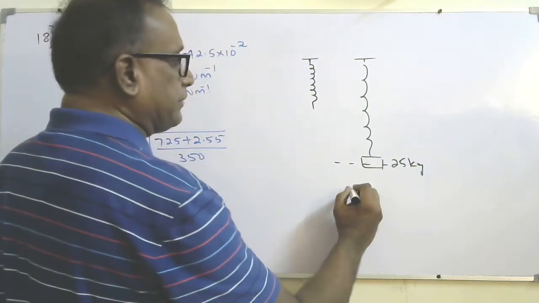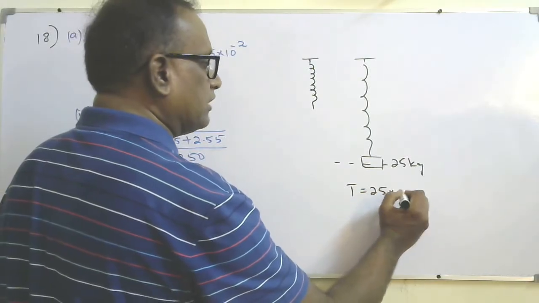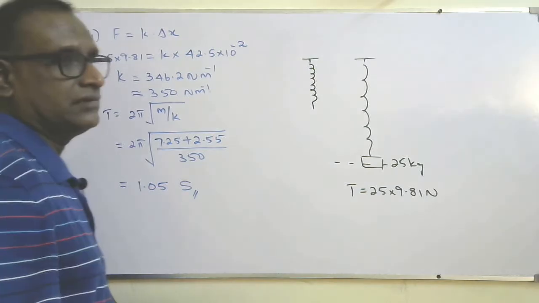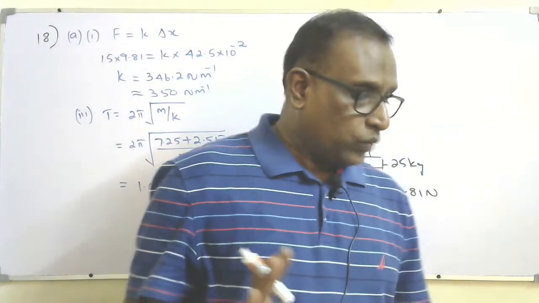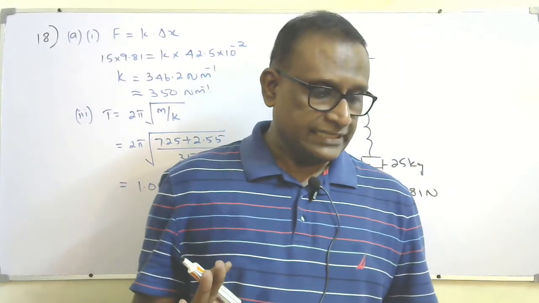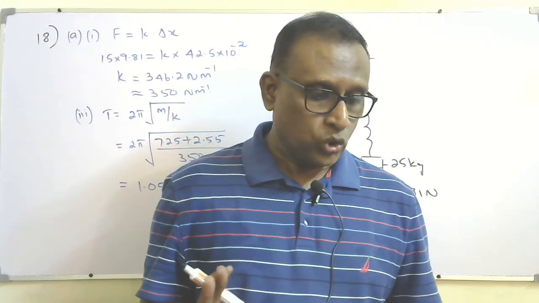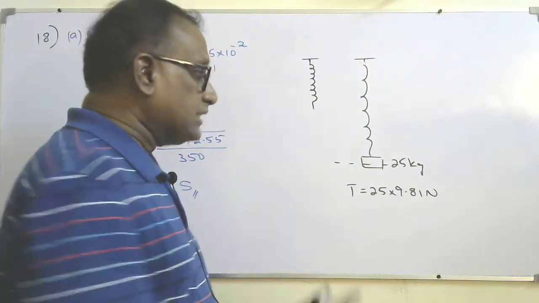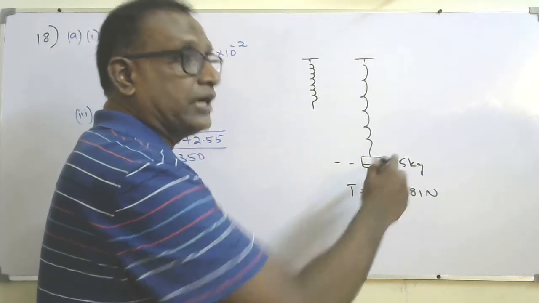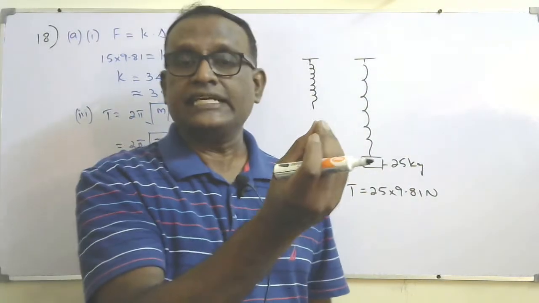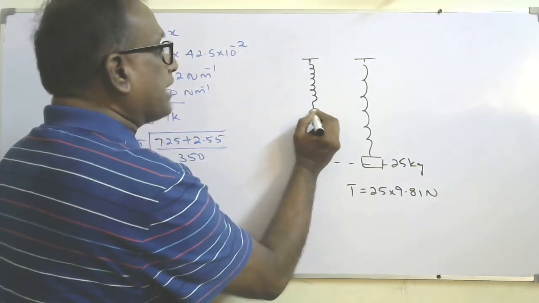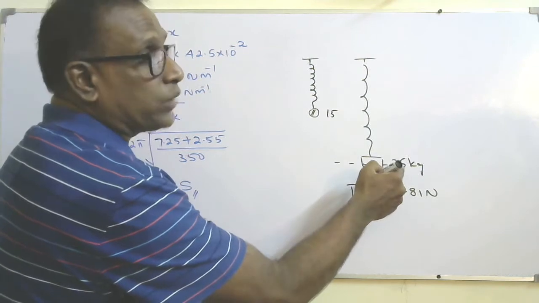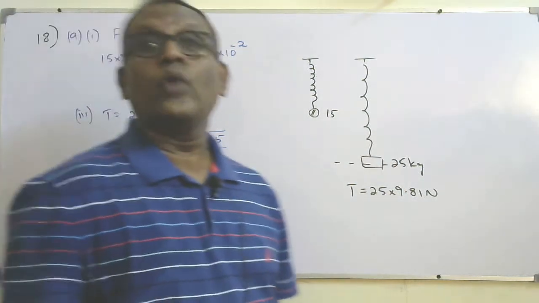During that time, the tension will be equal to 25 times 9.81 Newton when it is just hanging. Explain why the instructions state that the maximum mass is only 15 kilograms. So actually, the spring will get damaged at 25 kilograms, but when you are oscillating by attaching a mass to the spring, the maximum mass must be less than 25. Why is it like that?